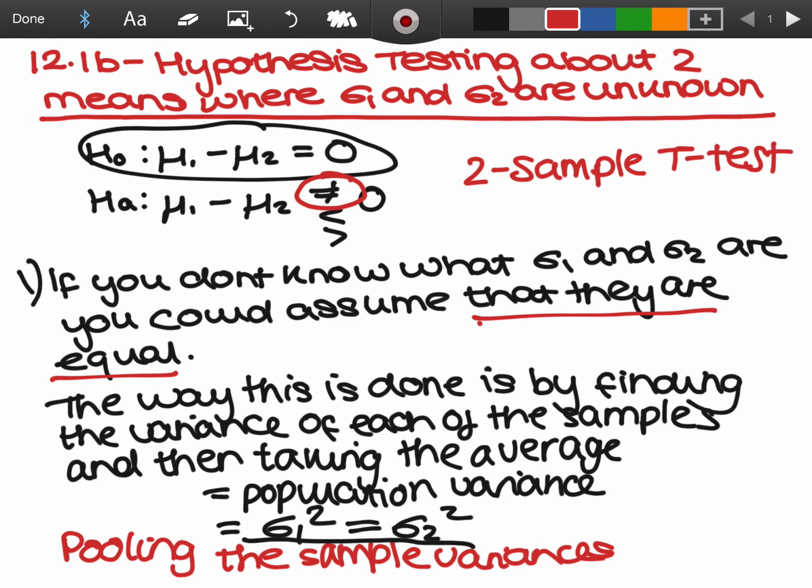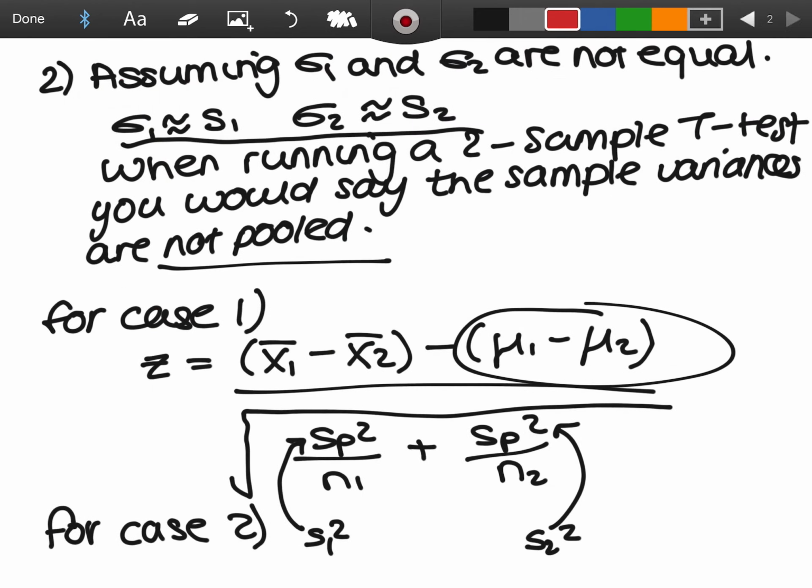But in this case, we're going to have to deal with a two-sample T interval. If you remember in 12.1a, we dealt with a two-sample Z interval. In this case, because you don't know what those population standard deviations are, you've only got the sample data, it's going to be a two-sample T interval, which in my calculator, if you scroll all the way down, is option 0. This only works if you are dealing with a two-sided alternative.